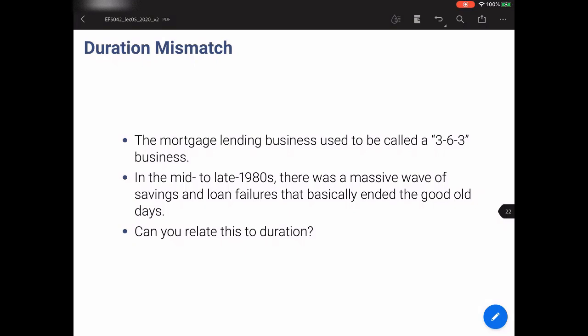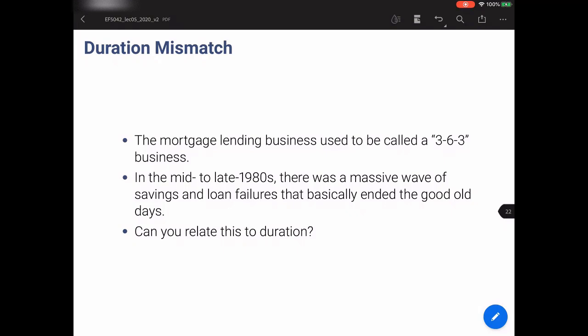But things start to go wrong once your lending rate falls below your borrowing rate, okay? In the US, the mortgage lending business used to be called a 363 business because banks and other financial institutions typically borrowed at 3% and lent money out at 6% and then played golf at 3 p.m. Okay, so the 363 is in reference to that typical practice.